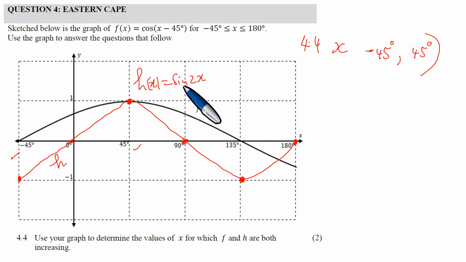So the sine of minus 90, what is this? Because if you put minus 45 here, it becomes minus 90. The sine of minus 90 is clearly minus 1. It is minus 1. Okay, let's look at what happens next. Like at minus 90. If you put minus 90, it becomes 0. So this is going to become 0.